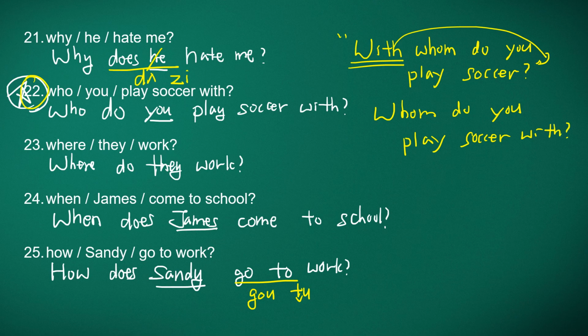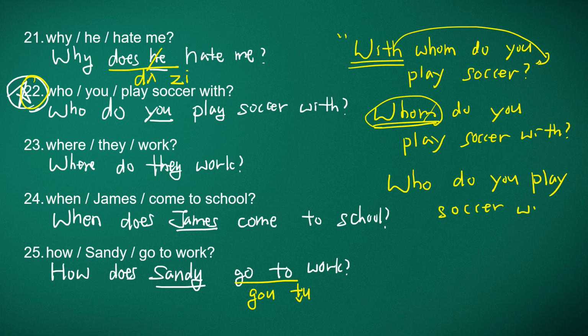But again, English doesn't like the whom. This is not subjective, this is objective, so they cancel this m, so they make this: who do you play soccer with. So this is the sentence we finally get.